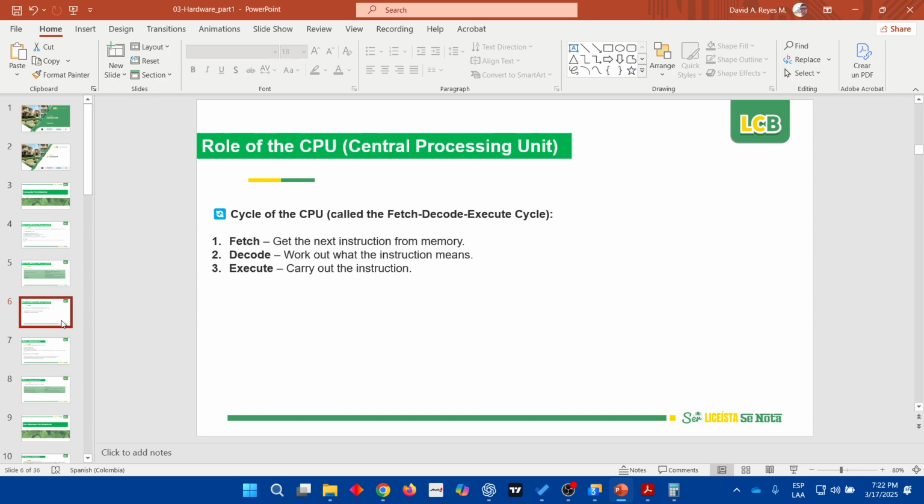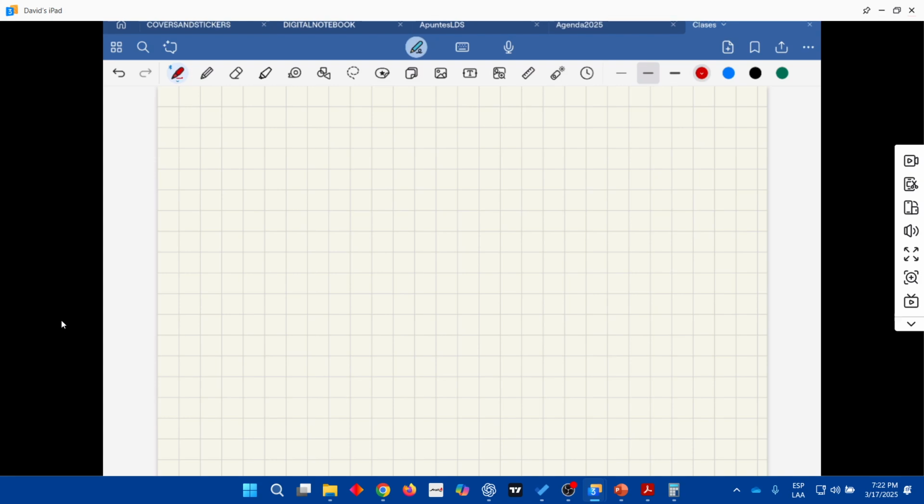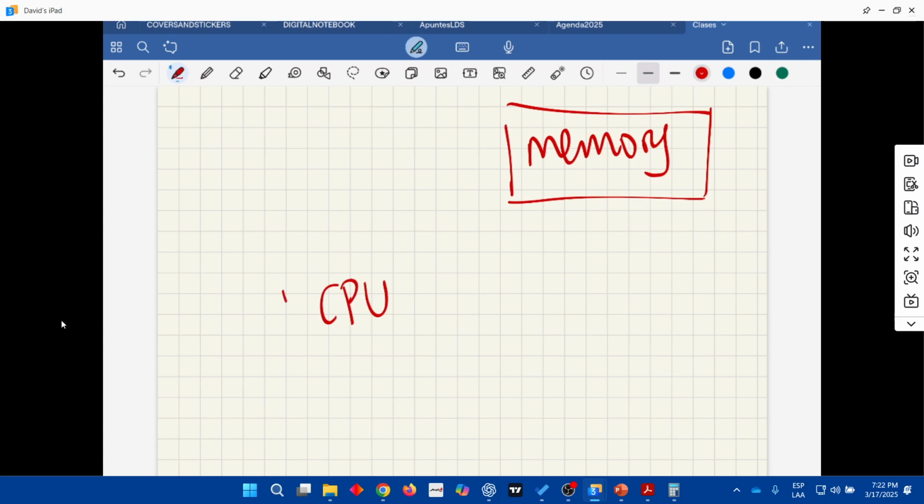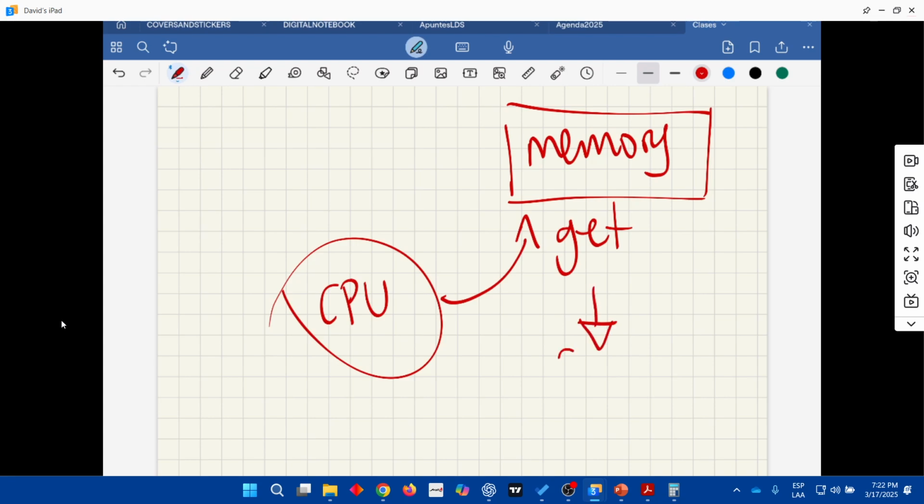So remember this part. So we have the CPU, we have here the memory. Okay. So in the memory, we have lots of information. So the CPU gets the information that is going to be performed. Okay. So that is called fetch.